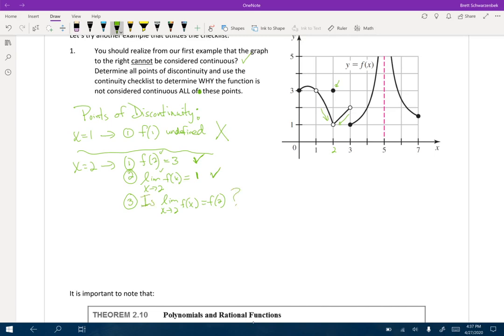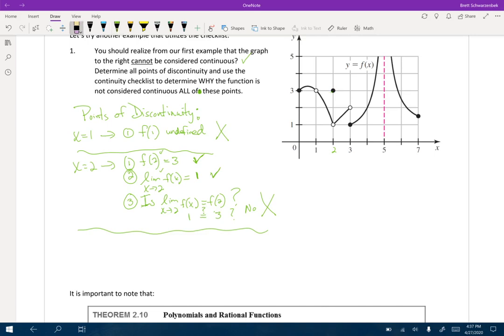The left side is 1, and is that equal to the right side, which is 3? So 3 and 1. Is it? No. So this breaks the checklist, which means this is not going to be continuous at this point. And by the way, we knew that already because we have to pick up the pencil to make the point over here before moving on to the rest of the graph.